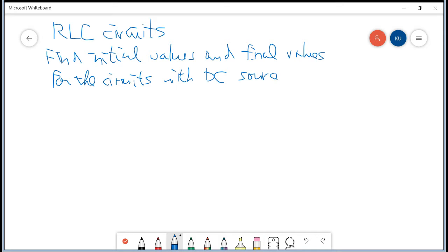Finding the initial values and final values would be easy. It does not involve any differential equation. It will be something like solving a resistive circuit. So let's check an example.